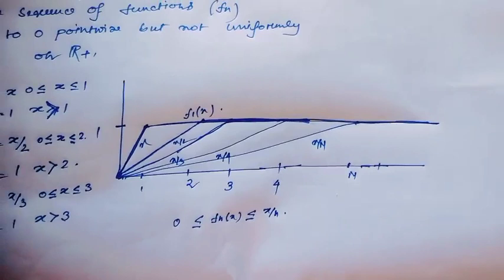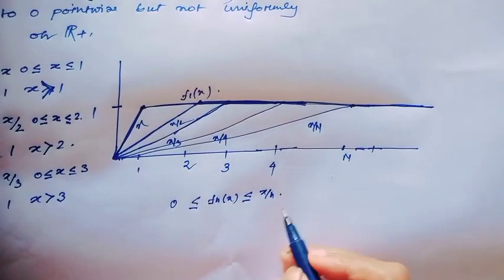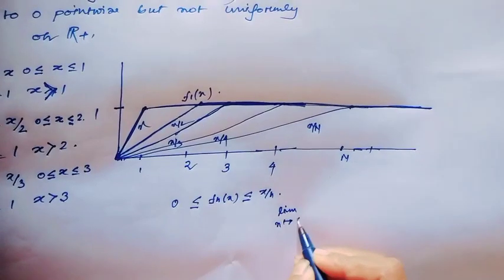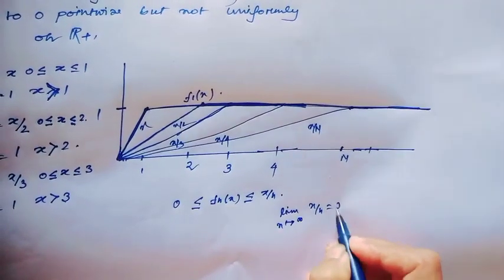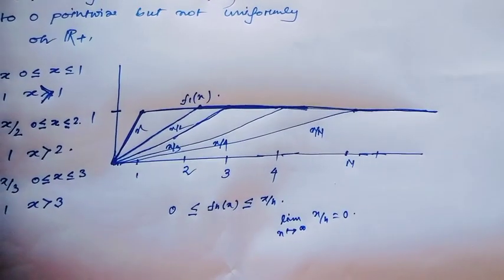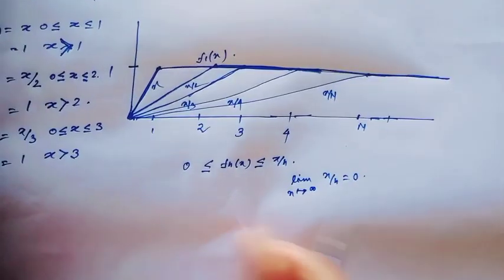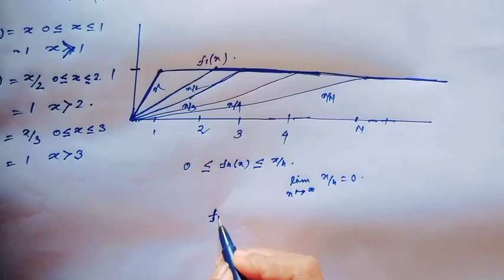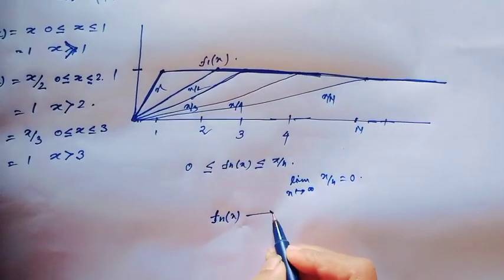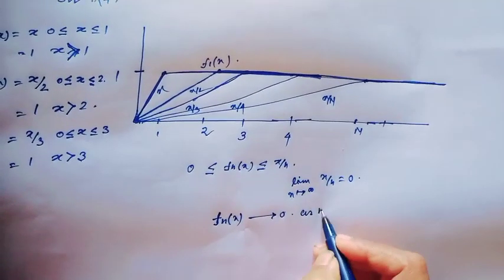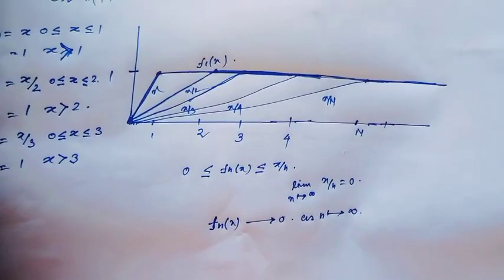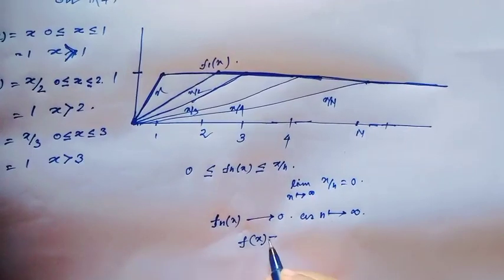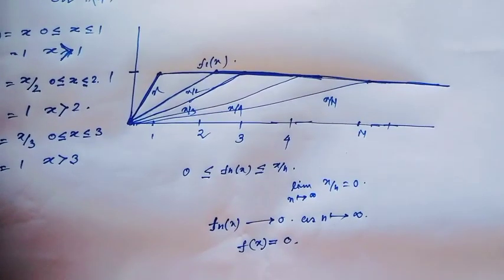Since the limit as n tends to infinity of x over n equals 0, f_n(x) converges to 0 as n tends to infinity by the sandwich theorem. Therefore f(x) is actually the zero function.